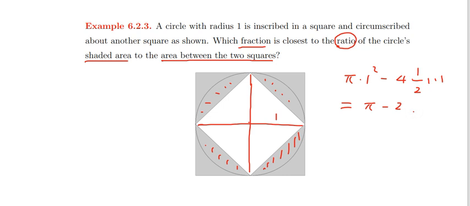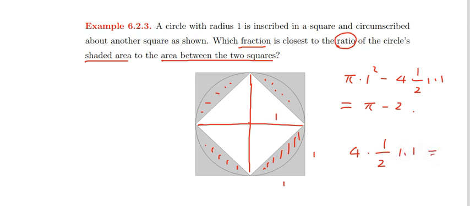Okay. And the ratio is to the area between the two squares. So between the two squares is just the big square minus the small square. So that area is just, we have 4 of this, here's 1, 1, right? 4 of 1, 1, so half times 1 times 1.